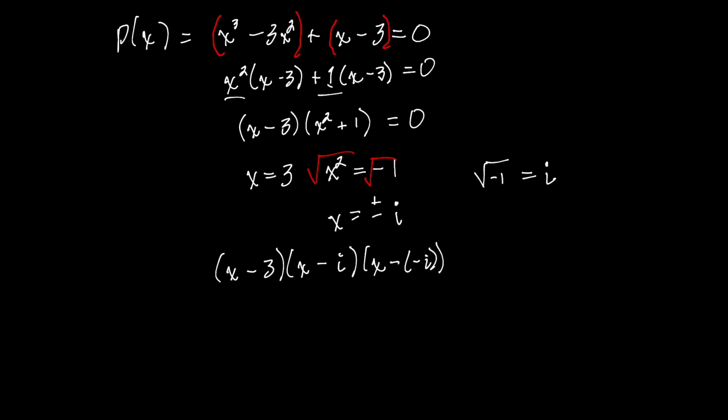I have a minus a negative i, which would usually get simplified. If you check an answer key or the back of the textbook, you're going to have these 3 linear factors. Now, the nice thing about having linear factors is they also tell you the solutions: x equals 3, and this became this, so we get plus or minus i.